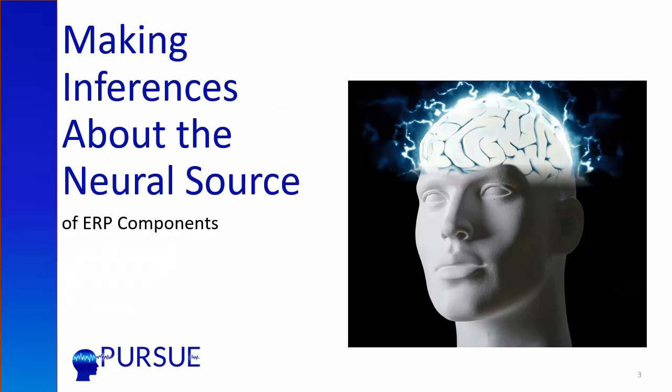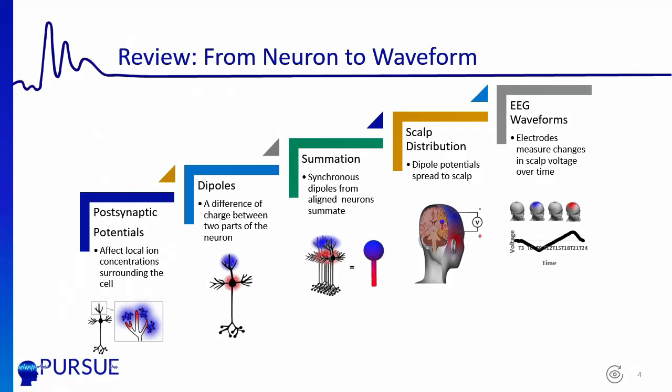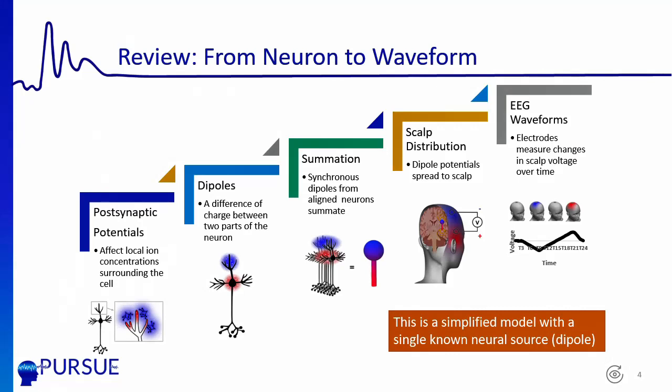Just to refresh your memory, we're recording brain activity, and this brain activity comes from some neural source, a dipole, as we have discussed previously. In this example, it's simple, one source.